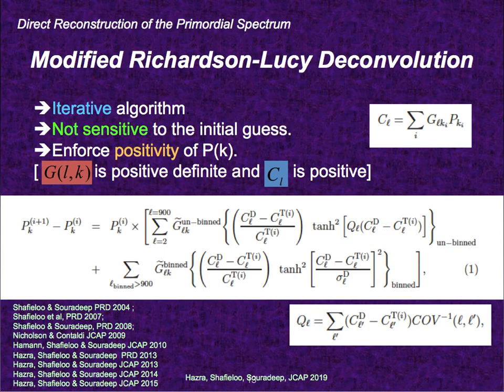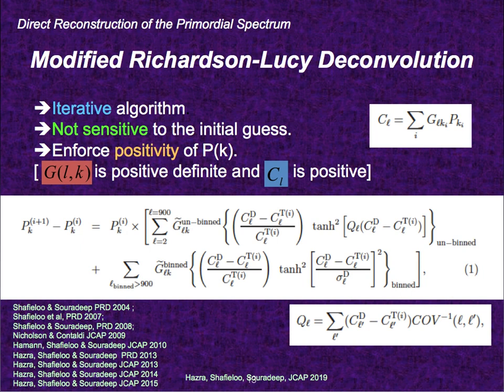To explain a bit more how the MRL algorithm works, we write down the algorithm here, where G_lk is the transport kernel, C_l^D is the data angular power spectrum, and C_l^T is the theoretical angular power spectrum, specifically corresponding to the recovered primordial power spectrum at the ith iteration.